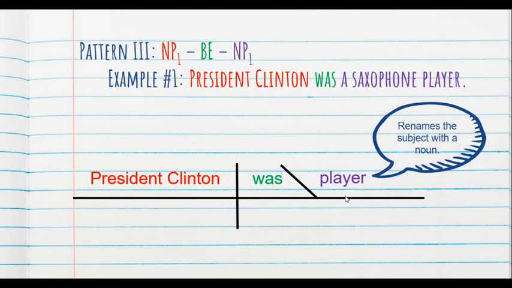So therefore, we get to put the word player right there. There's a joke in there somewhere, I think. Anyway, so here he is. A saxophone player renames the subject, and then we'd say it's a player and then saxophone player. Once again, these describe it. This is a determiner, and this is the adjective. It's a noun, certainly is an adjective, but there we have a traditional pattern 3.